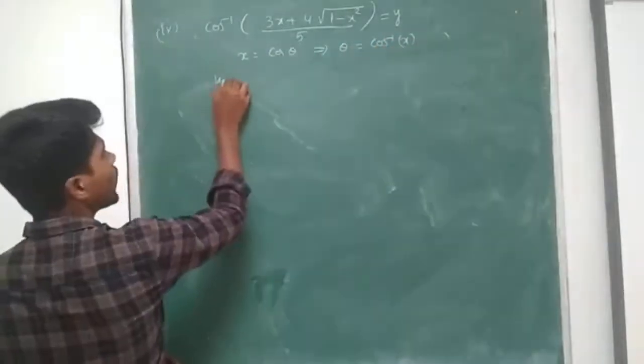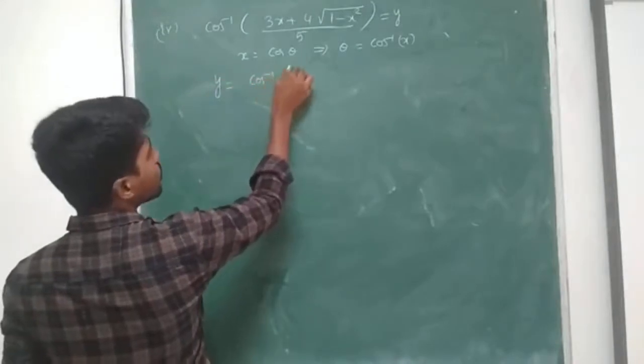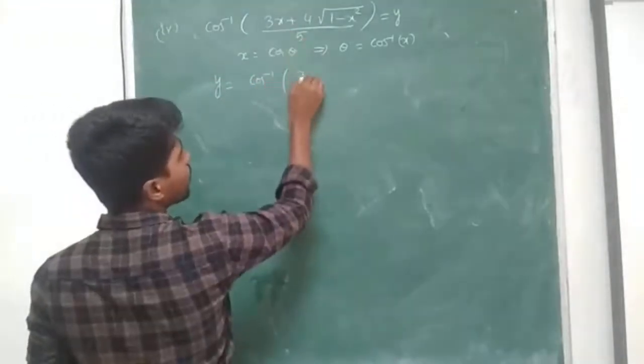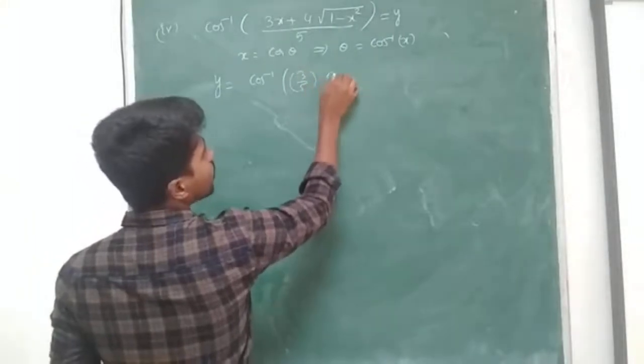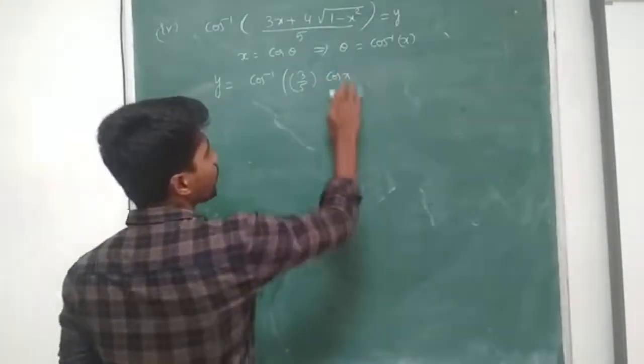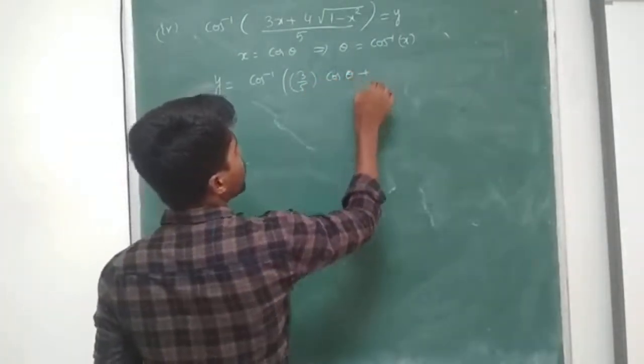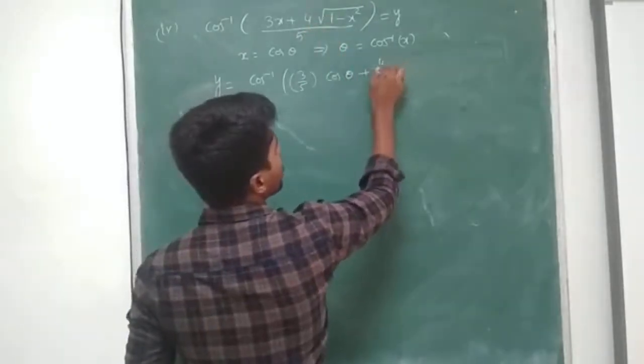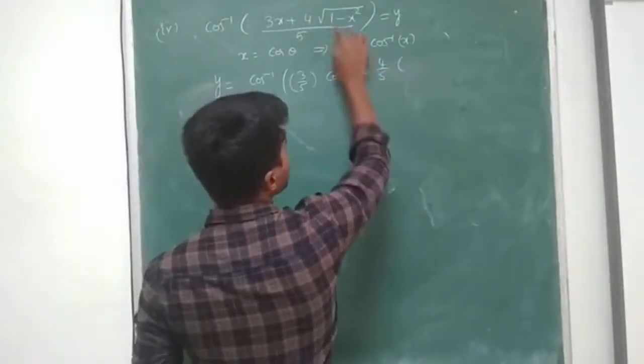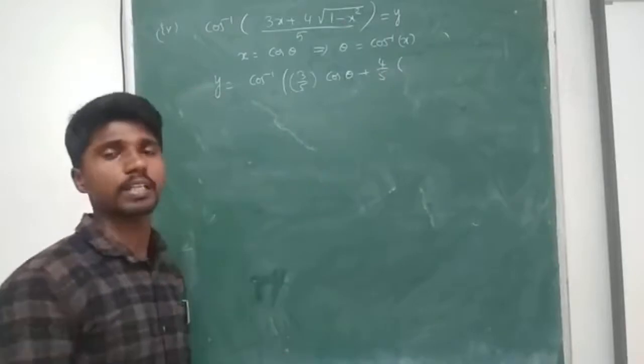So now y is equal to cos inverse of 3 by 5 cos theta plus 4 by 5 of root of 1 minus cos square theta, that is sin square theta.